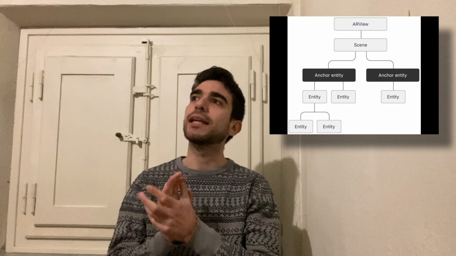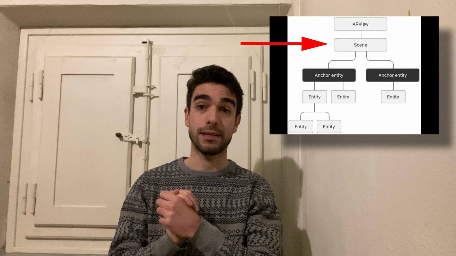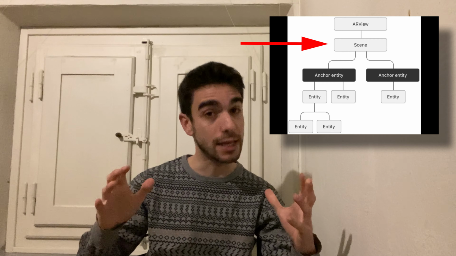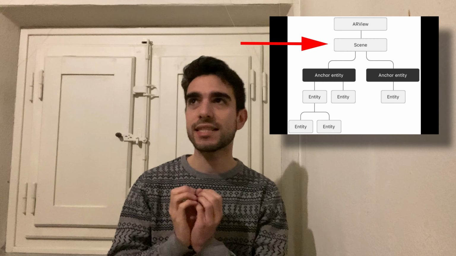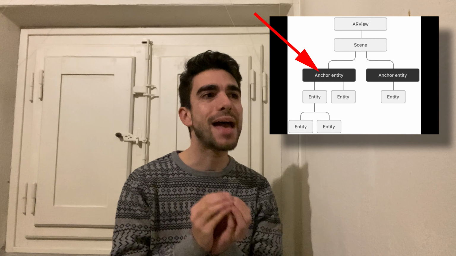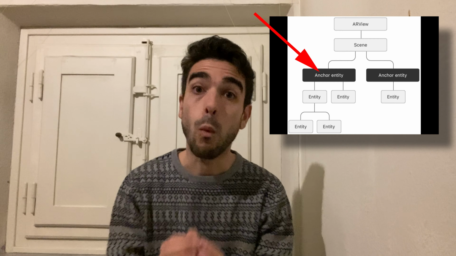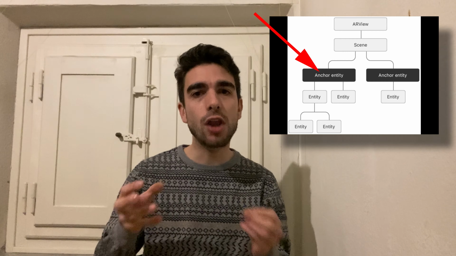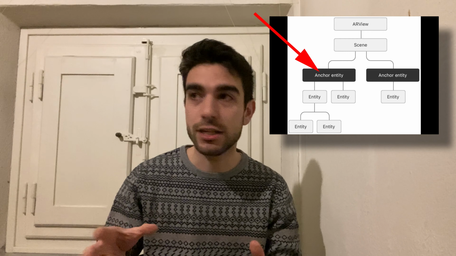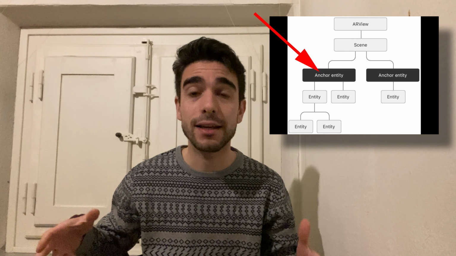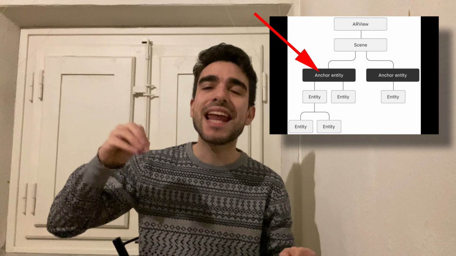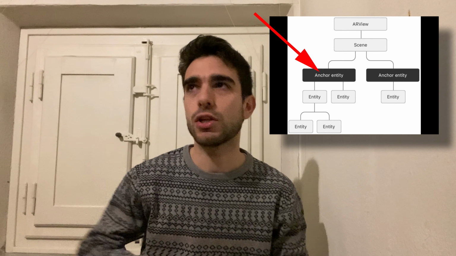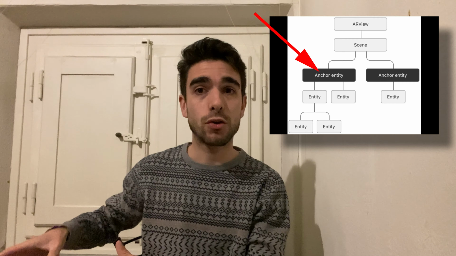In augmented reality, we will have a scene, okay? It's an augmented reality scene. In this scene, we're gonna have many different anchors. What is an anchor? An anchor is a physical element of the real world in which I'm living that we can access from code. So let's say a table could be an anchor.